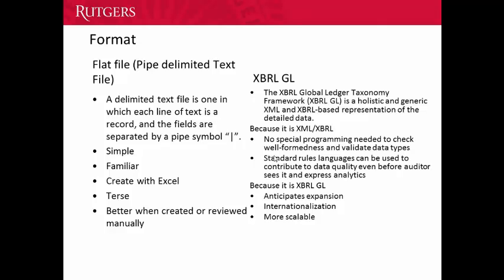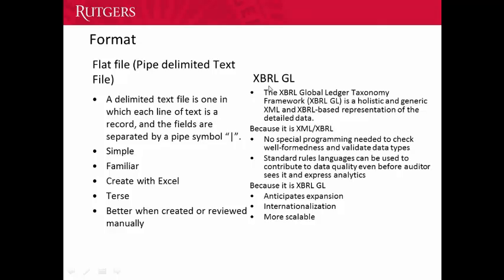Pipe delimited text file looks the same as CSV file. CSV file means the comma separated values file, except that the pipe delimited text file is delimited by a pipe symbol, while CSV file is delimited by a comma. So, the flat file, the pipe delimited text file, has the following features.